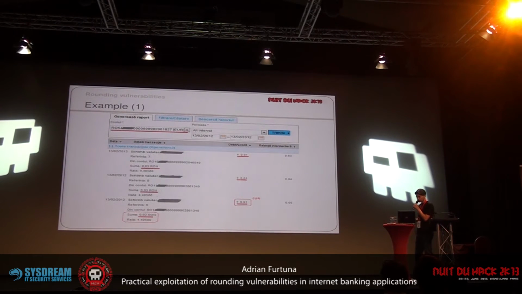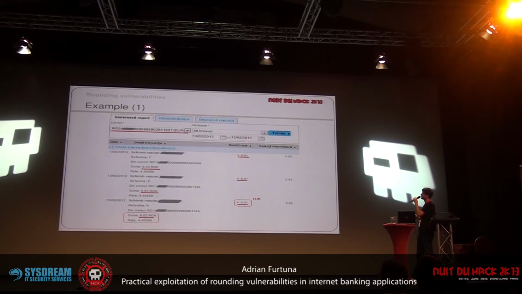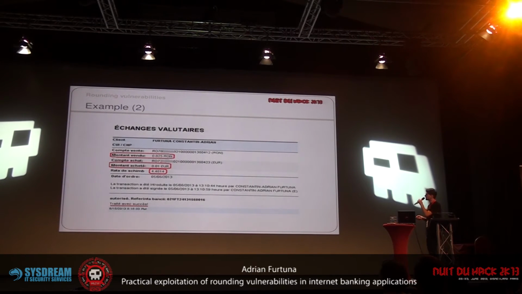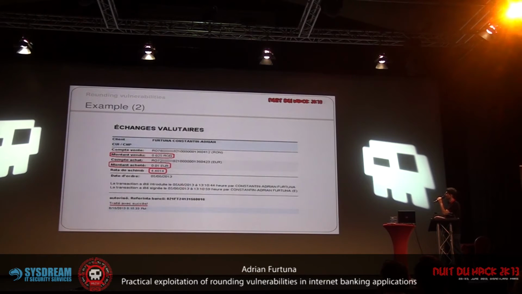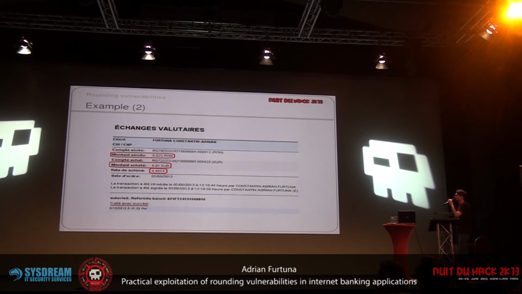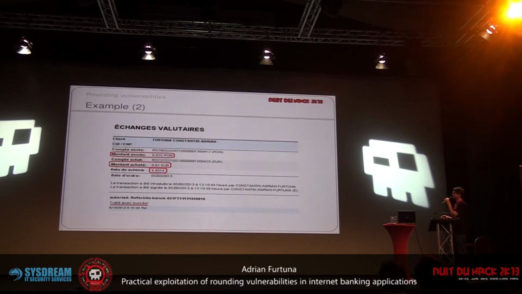As you can see in the dates, this is 2012. This is more recent. This is actually this month. I did it in another application. This application fortunately had translation into French, so I took a screenshot to understand it better.